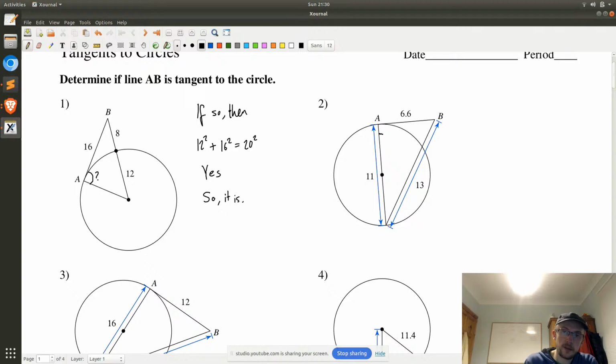Likewise, this would have to be a right angle, and we don't know if that's true. And so just simply ask, is 6.6 squared plus 11 squared equal to 13 squared? But it isn't.